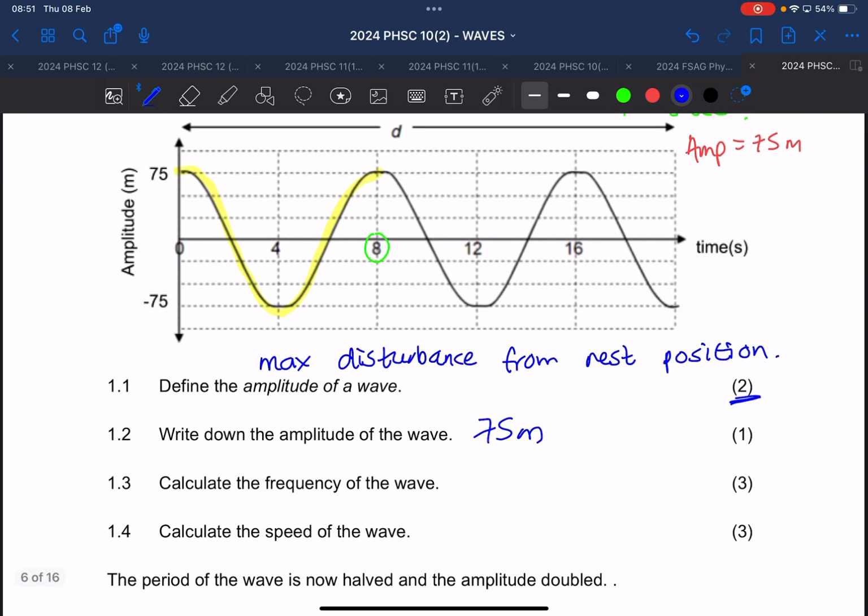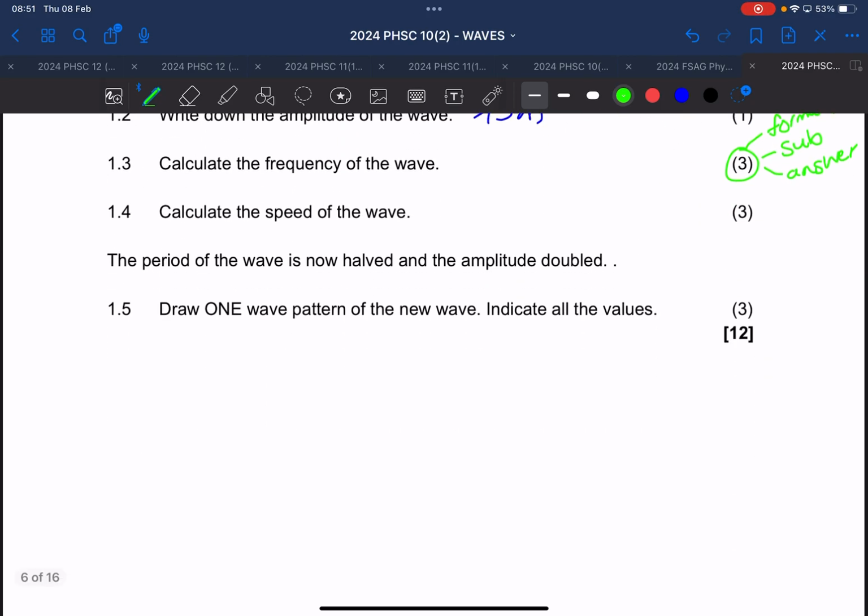Next, it says calculate the frequency of the wave. Now, whenever something counts 3 marks, 3 marks means formula, substitute your values, and answer. So whenever something comes 3 marks in science, it's formula, substitute, answer. Always. Okay. So we must now calculate the frequency.